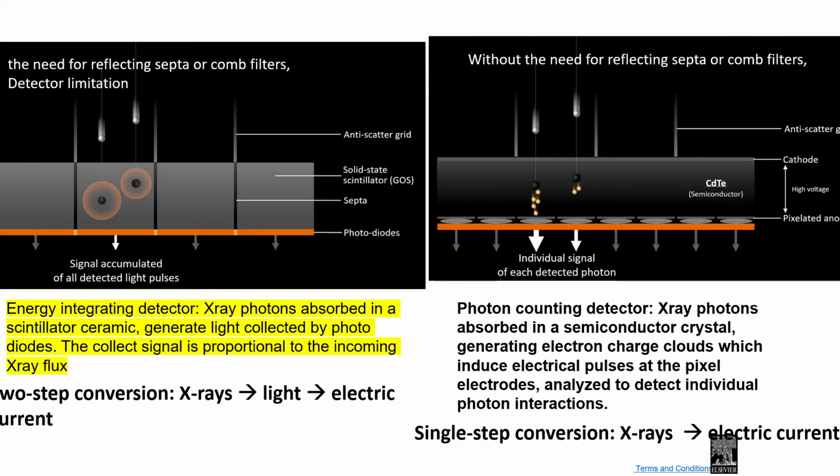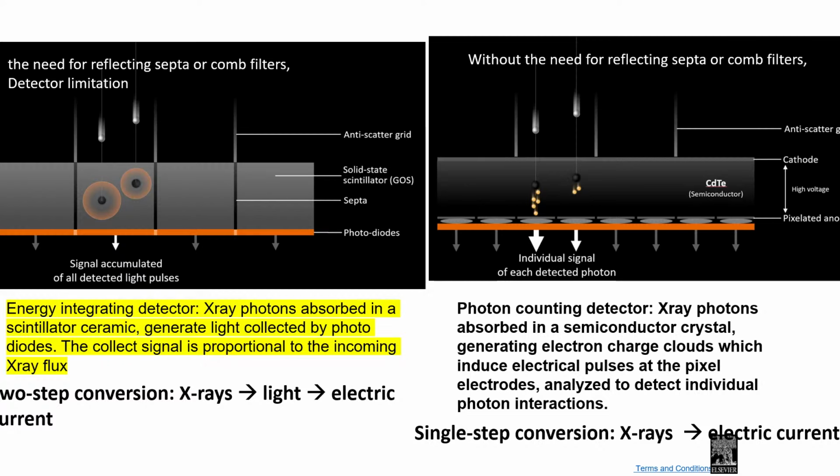So imagine if we have a different type of detector that can differentiate different types of energy, usually a semiconductor crystal. Every single electron could be picked up individually, so we don't need the septa. Therefore, we improve the spatial resolution, because we skip the steps of converting.